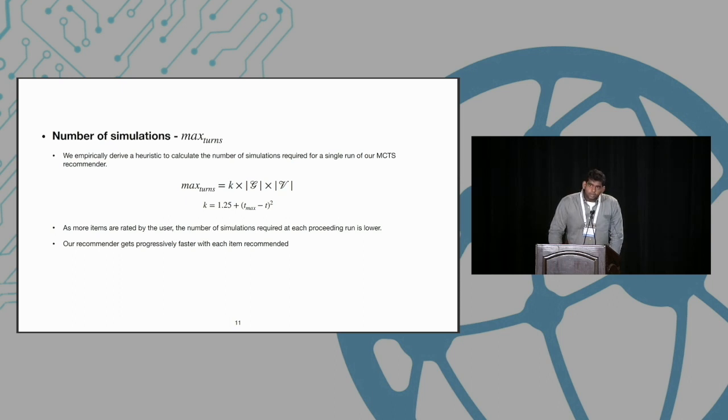That means we can reduce the number of simulations done in the following iterations. So we determine the number of simulations using this, and we can see that as more items are recommended, we need fewer and fewer simulations, which means our algorithm gets faster and faster as more items are recommended.